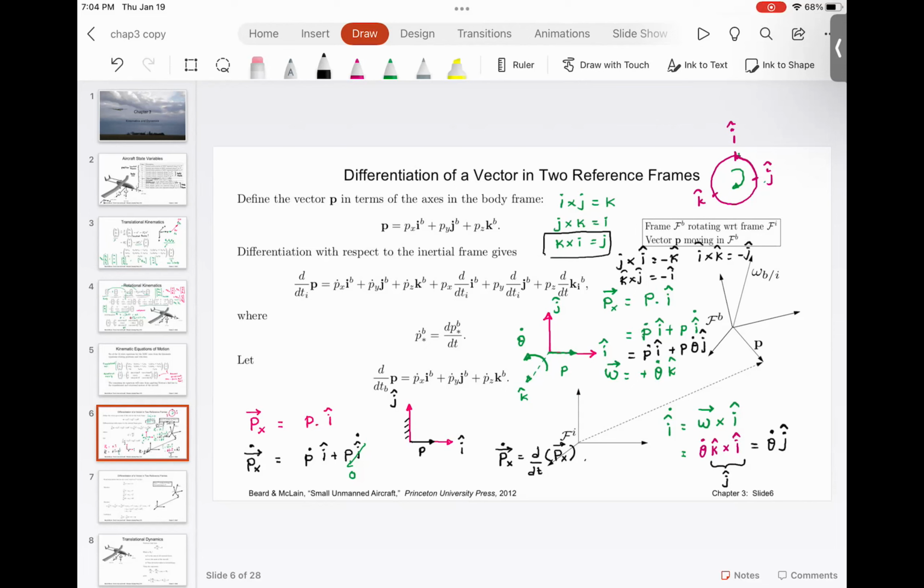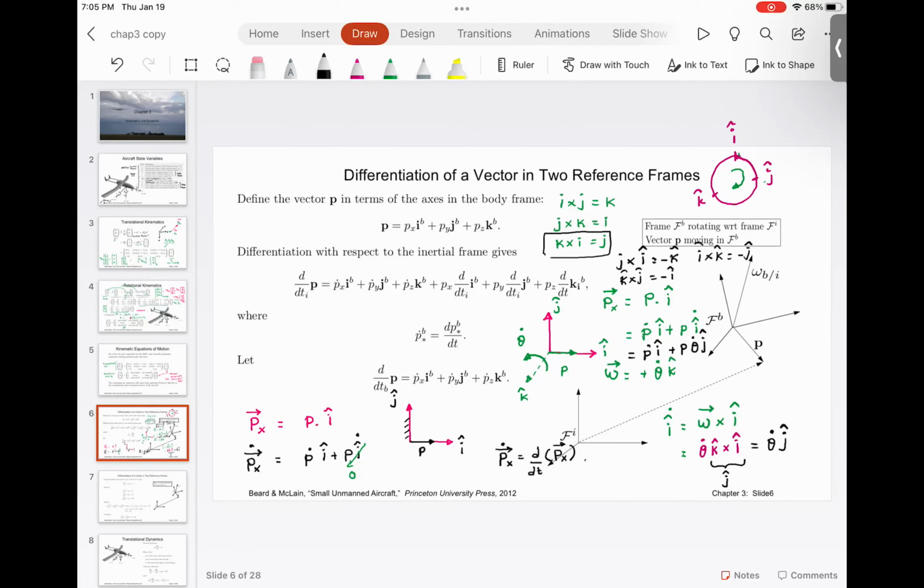So what you have is, you have a component of velocity, which is px dot, which is extending around x-axis, and you have component of velocity, which is px times theta dot about j-axis.